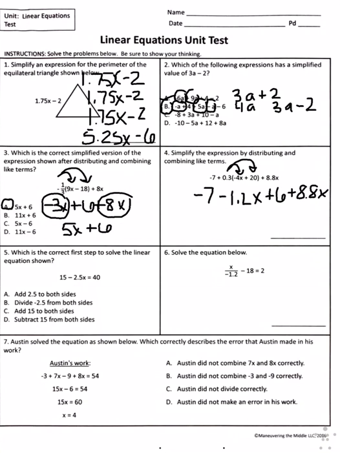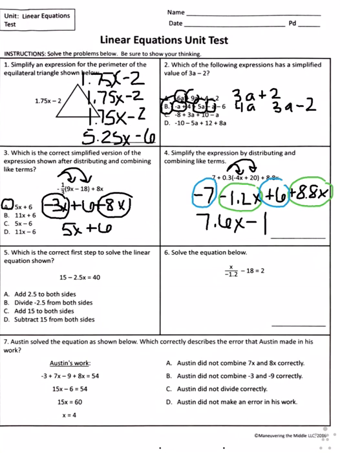Bring down the negative 7, bring down the 8.8x. We combine our like terms, negative 1.2 plus 8.8 is going to give us 7.6x. Don't forget the variable. And then we combine the other like terms, negative 7 plus 6. Negative 7 plus 6 is a negative 1.